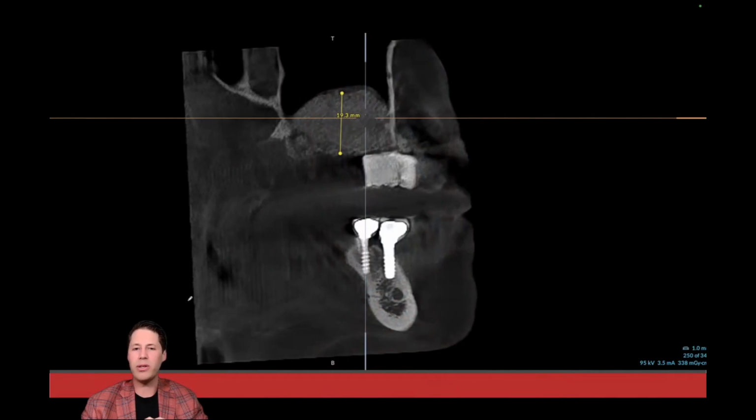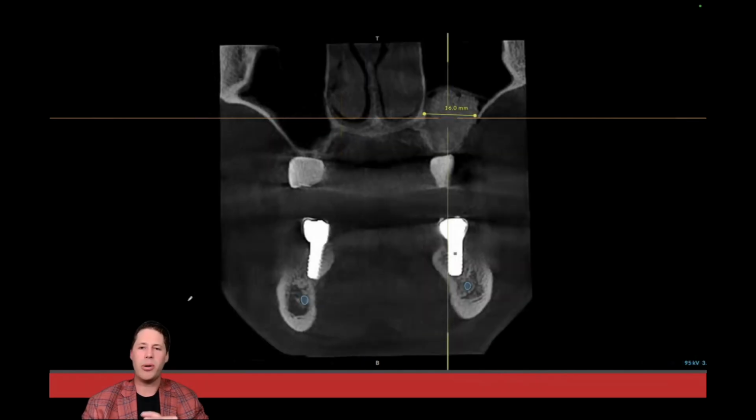If you use that 20 millimeters, you can see roughly 4 millimeters of residual bone height in that cross-sectional view. Let's look at it from an anterior-posterior view. So about 16 millimeters of width. And you can see here we've made it all the way to the medial wall. So we're going to have good blood supply.